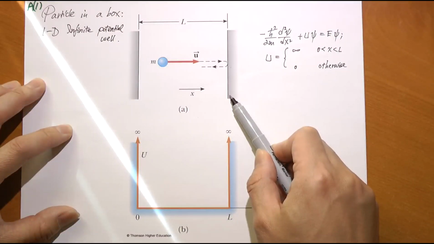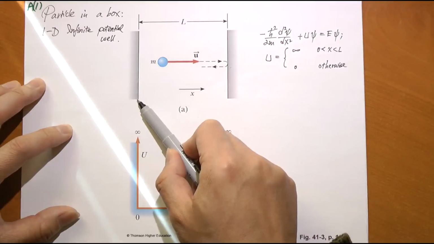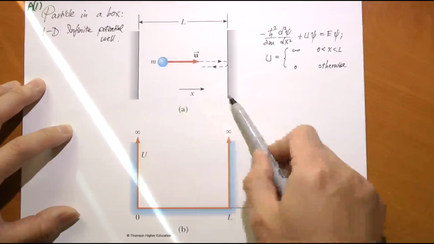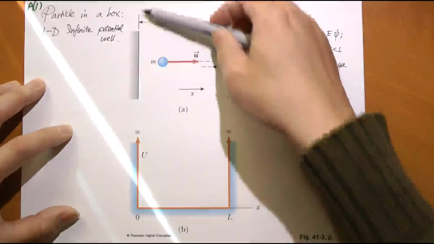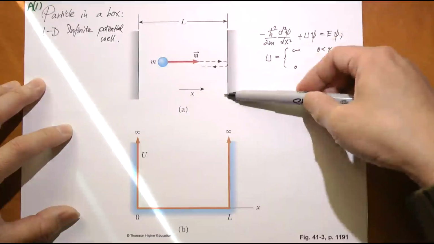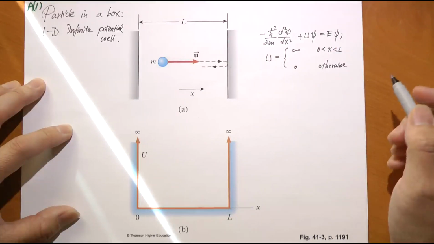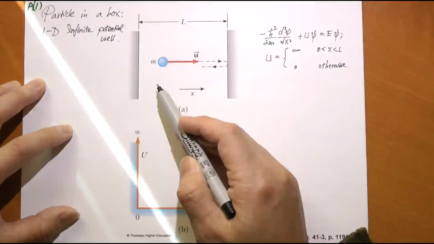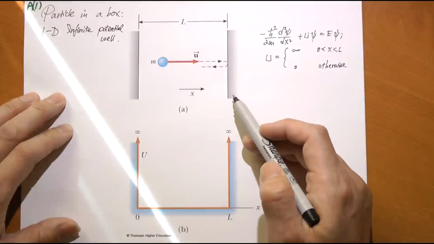And we typically choose a coordinate system which starts from the left edge of the potential well, so that's x equal to 0, and the right edge where x equals L, L being the width of this potential well. It's an infinite potential well because the height of the two potential walls on either side is infinity. So this is called the one-dimensional infinite potential well. It's also a particle in a box because the particle is trapped in a box of finite length L.